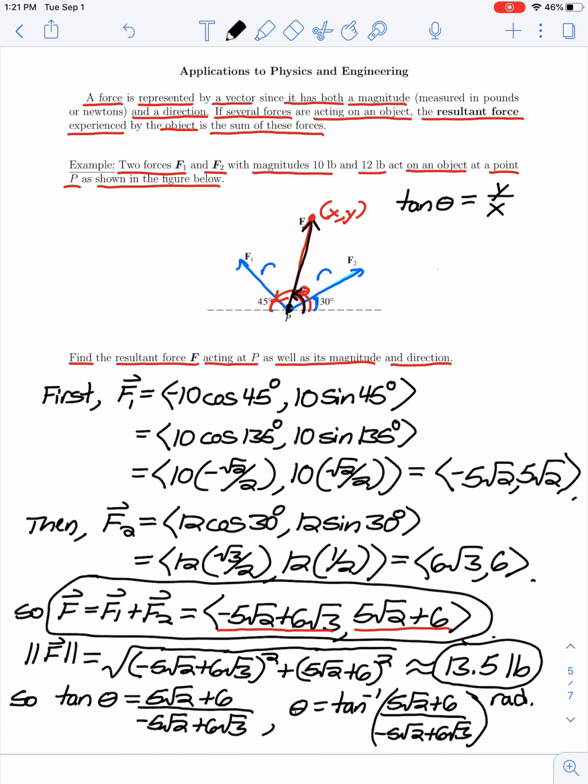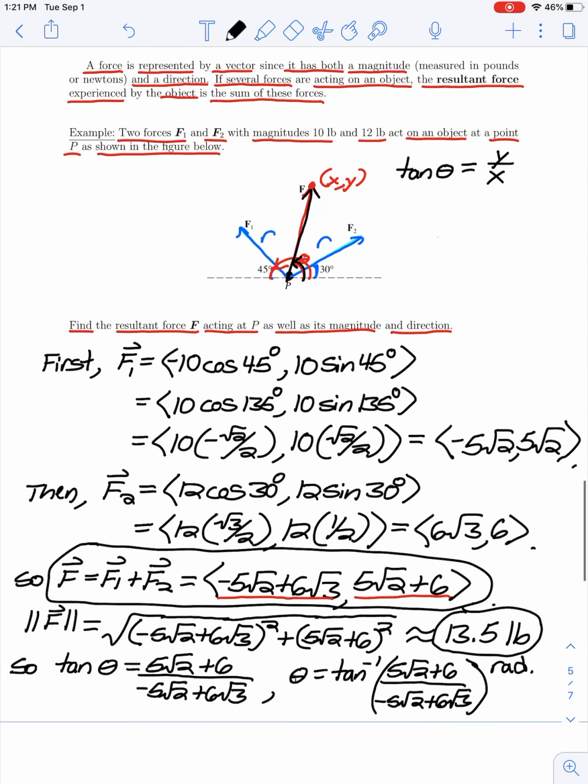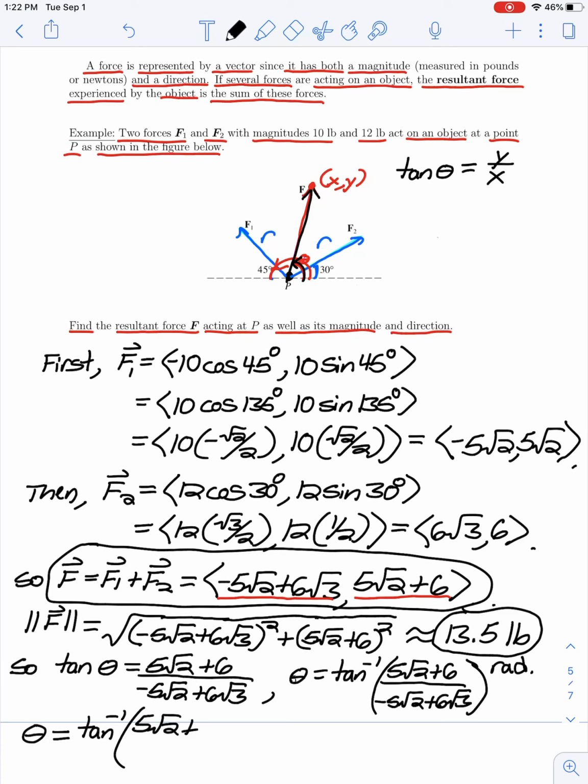So remember our conversion from radians to degrees. Well, if we have our angle measure in radians, which would be arctangent of this quotient, 5 root 2 plus 6 over negative 5 root 2 plus 6 root 3, we would then multiply by the ratio of degrees to radians. Now 180 degrees is the same as pi radians.